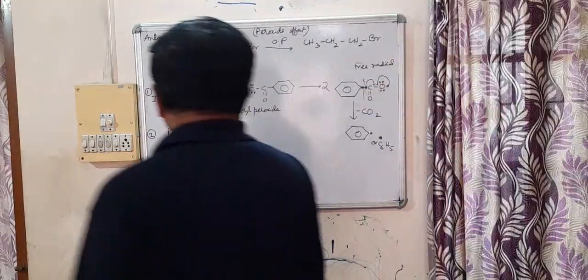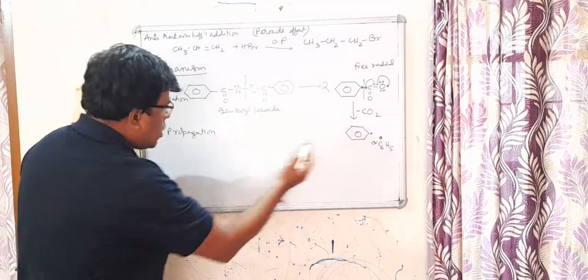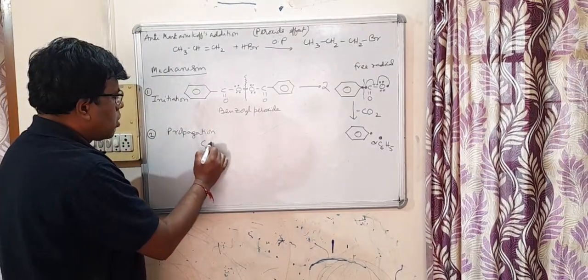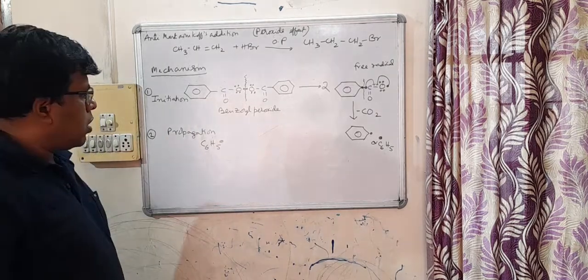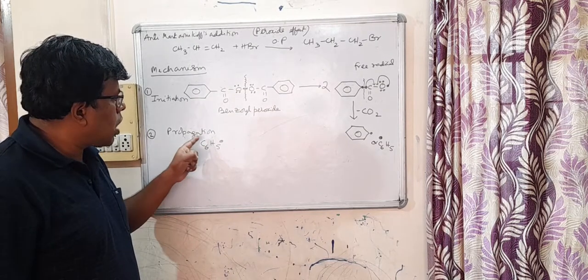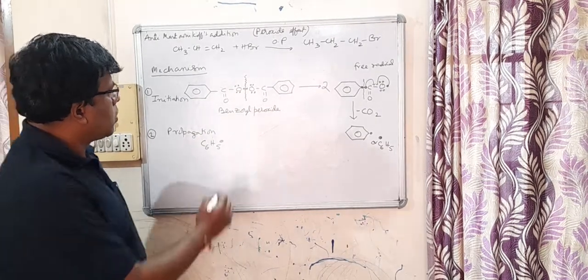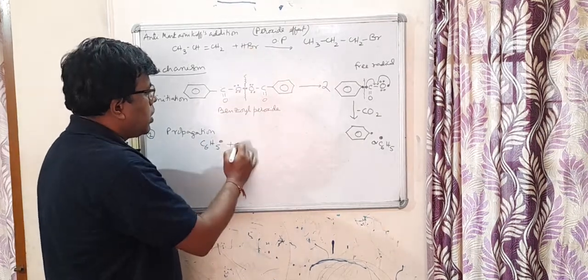So what happens during propagation is this free radical, though I am writing it here, this unpaired electron is actually on carbon. It will now react with HBr.